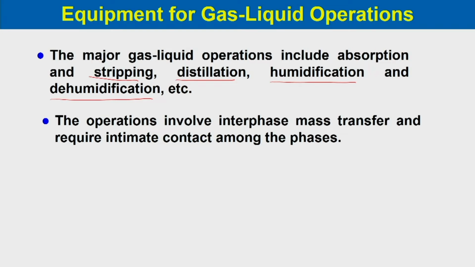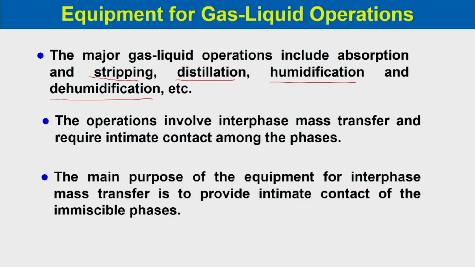The operations involve interphase mass transfer and require intimate contact of gas and liquid. The main purpose of the equipment for interphase mass transfer is to provide intimate contact of the immiscible phases, because when we take gas and liquid, they are heterogeneous phases and certain components preferentially transfer from one phase to the other.